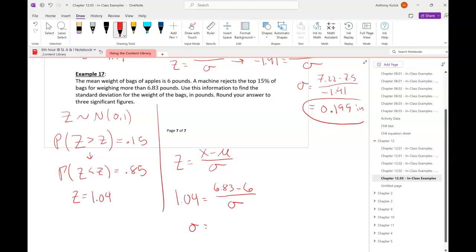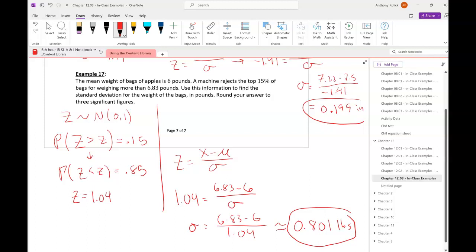Did you get it? One second. Oh, I put the 1.04 on top by accident. Yeah, I got that. Good.